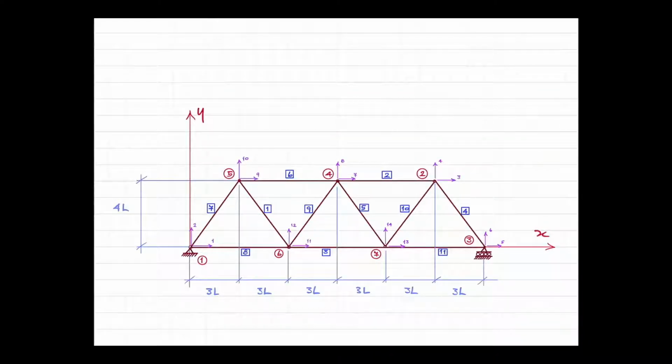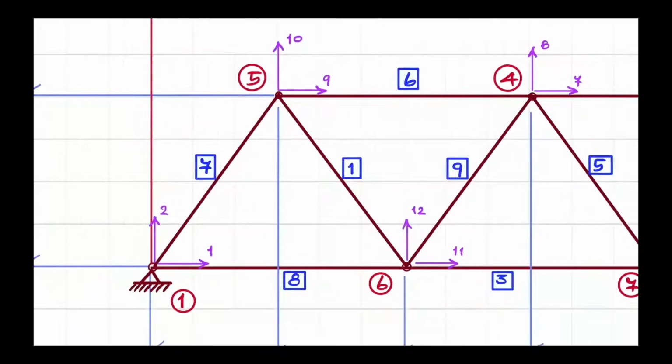So members defined in blue in the rectangular shape. Node number in red in the circle. Degree of freedom in purple color. I'll give you the EA information a little bit.